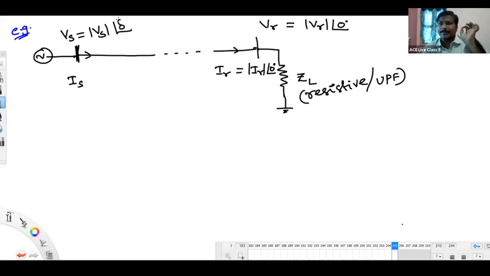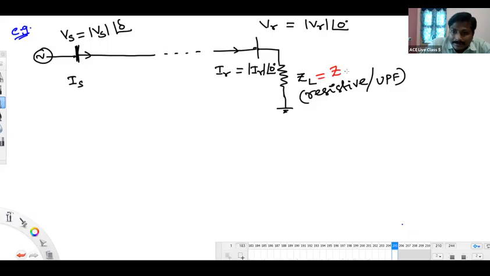Clear? Notations, have you understood? I did not take ZL equals ZC here. Till now I have not touched that. Now I am taking it.